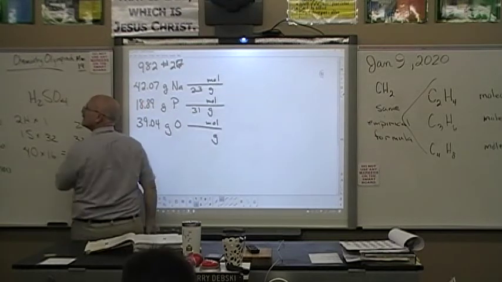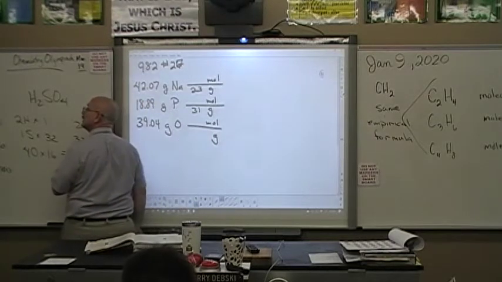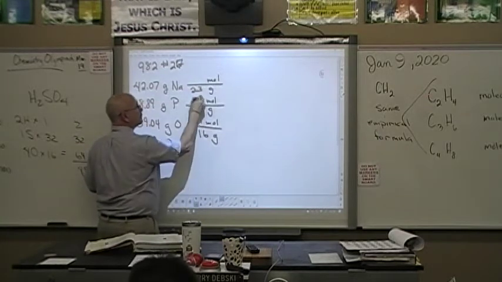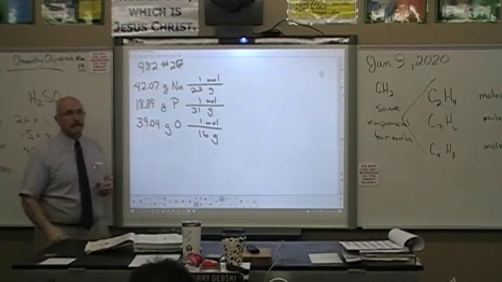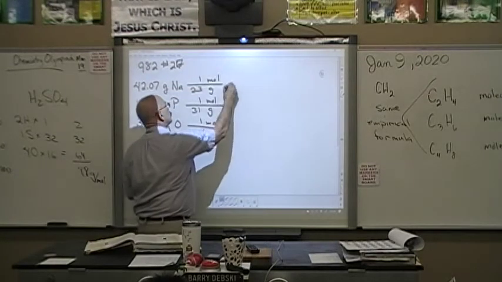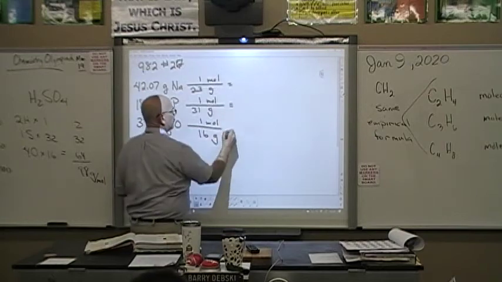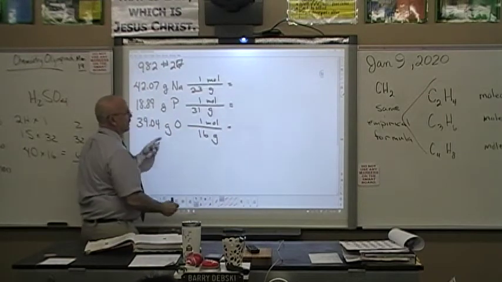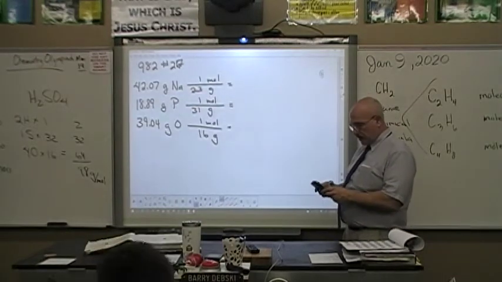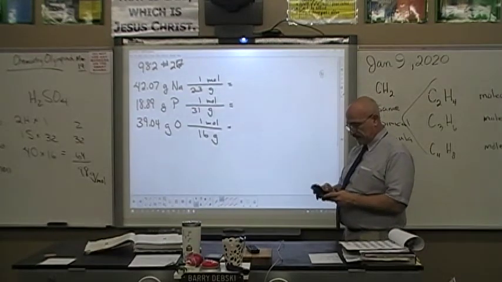Sorry. Yes. And oxygen is 16. Okay. Get your calculator out. 42 divided by 23, 18.89 divided by 31, and 39.04 divided by 16.